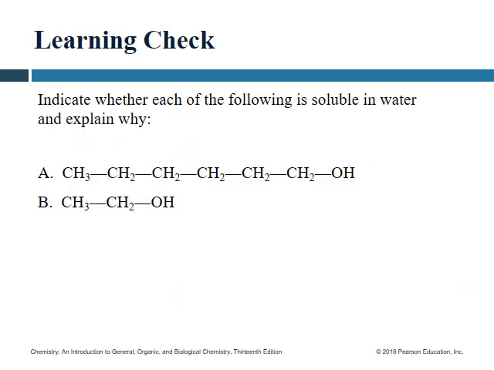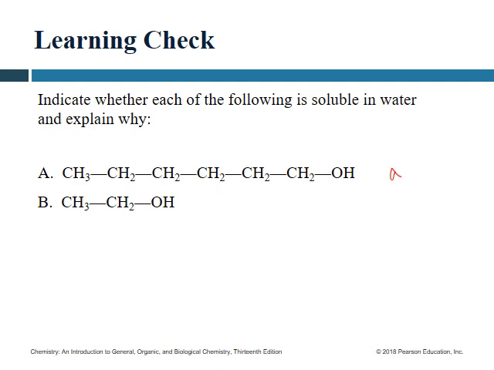Okay, so let's try this question. Indicate whether each of the following is soluble in water and explain why. So is A going to be soluble in water? No. Why? Because the number of carbons attached to this small polar group is 1, 2, 3, 4, 5, 6 carbon chain. Equal to 3 or less than 3 is soluble, but anything more than that is completely insoluble, butanol is slightly soluble.